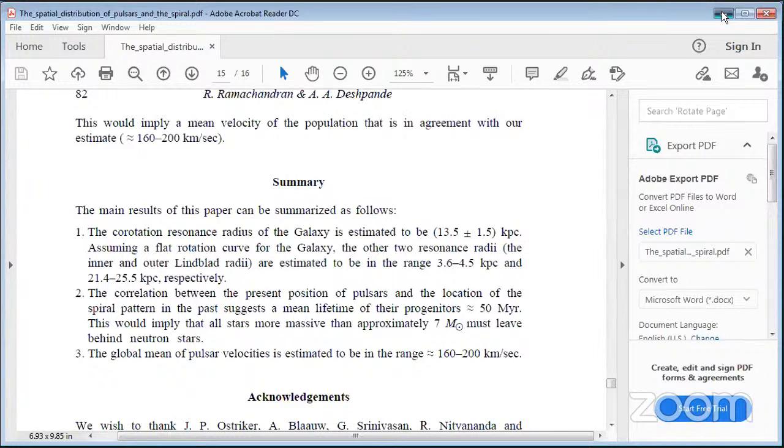If that is about 60 million years, we can naively subtract 10 million years, or we can do this analysis with different shifts for every pulsar depending on its age, which will reduce this spread somewhat, not completely, because it's dominated by the velocity spread rather than the age spread.